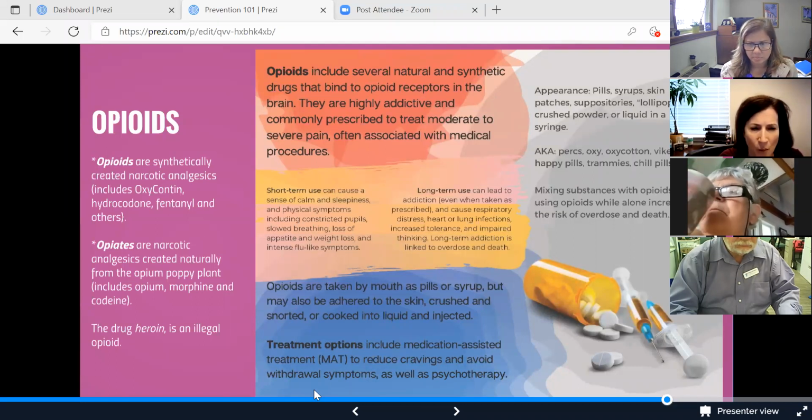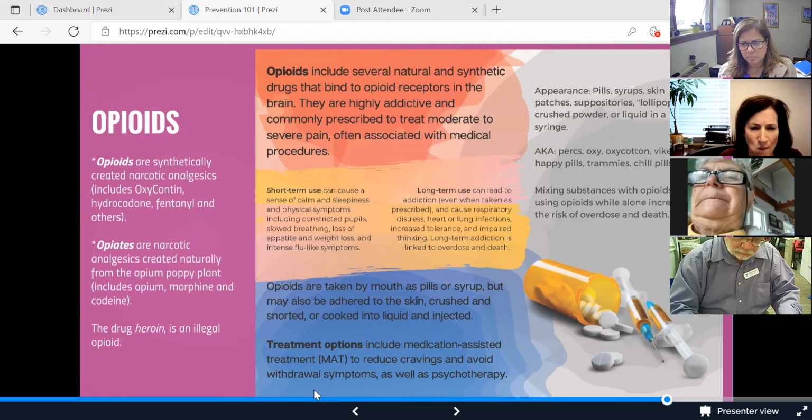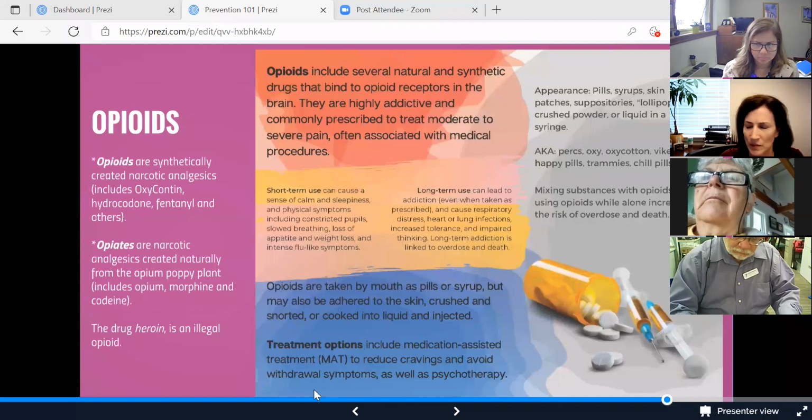So opioids are usually used to treat pain or other symptoms associated with medical procedures such as dental procedures and medical surgeries. They're highly addictive and they can cause overdose and addiction.